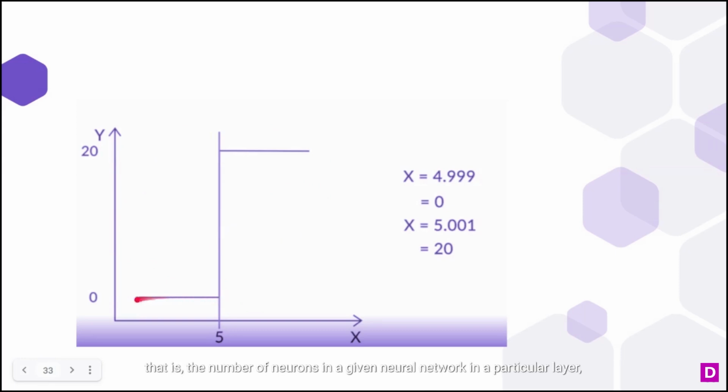That is the number of neurons in a particular layer, the number of hidden layers, etc. These are tuning parameters, the decision taking parameters, which we set by performing certain trial and error on our neural network.